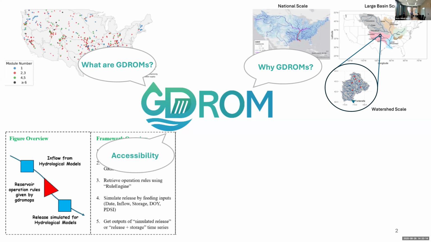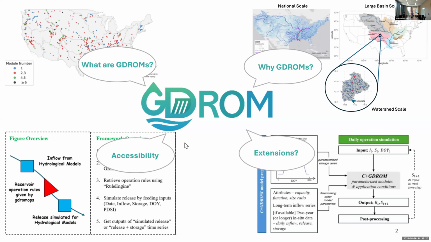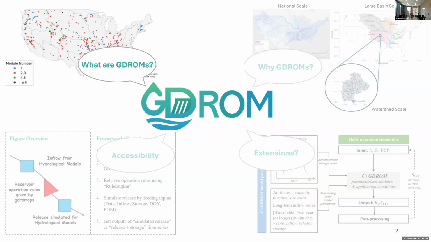I will show we're ready to do that. That's basically on the accessibility. And also, based on the most recent work and the new CIROH projects, I'll talk about some potential extensions of the product. All right, let me start with what GDROMs are.